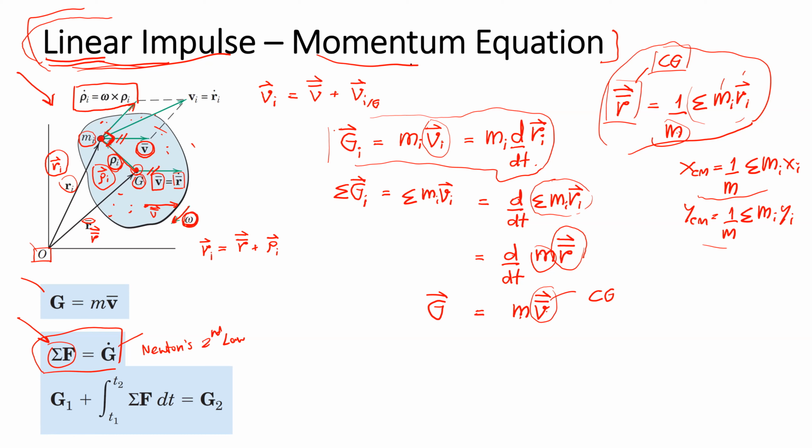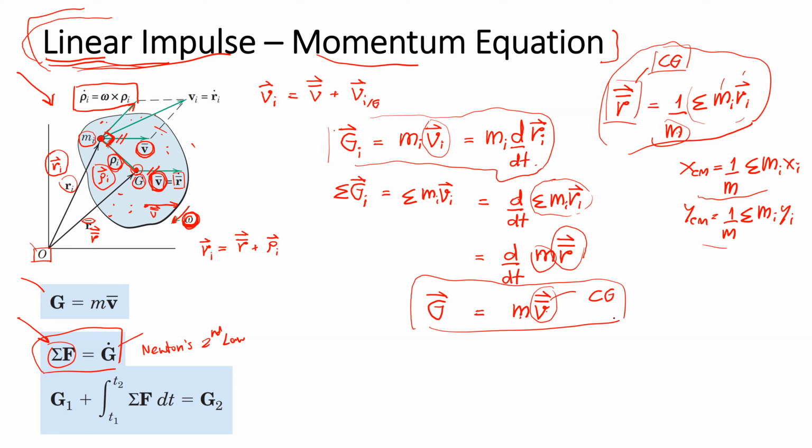The velocity of the CG can represent a rotating rigid body. No matter how fast it rotates, or not rotate, if it has the velocity vector of the CG, the linear momentum is non-zero. If we have v bar.